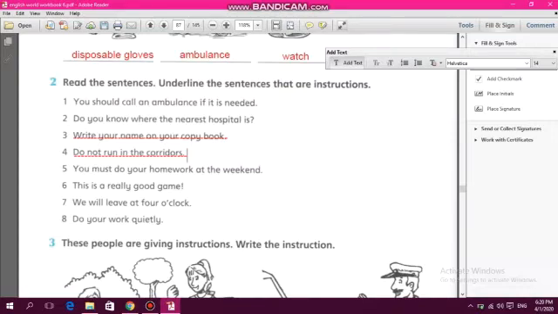As you see here we have an exclamation mark, so of course it's not an instruction. We will leave at 4 o'clock. Here they are giving us normal information. And number 8, do your work quickly. So do your work. أكيد عندي هون instruction. So we have in this question 3 instructions اللي هم number 3, 4 and 8.